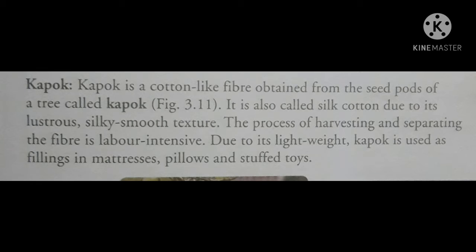It is done manually. But due to its light weight, it is used as filling in mattresses, pillows, and stuffed toys. In stuffed toys, pillows, and mattresses, kapok cotton-like fiber is filled.